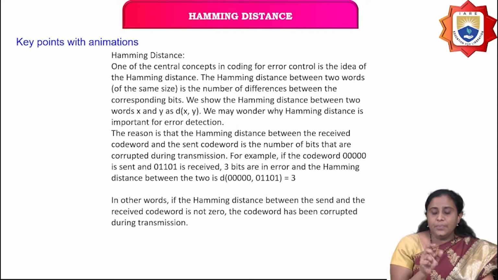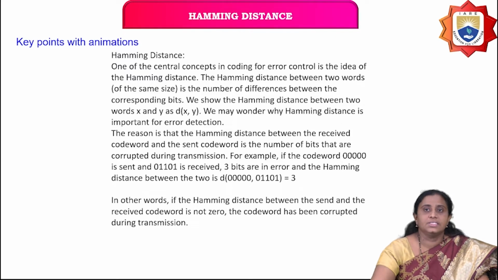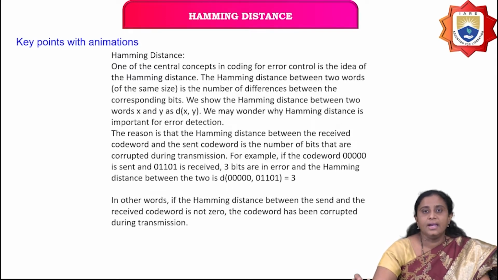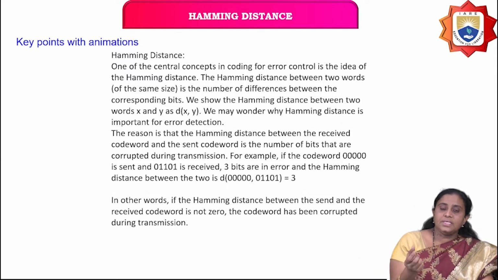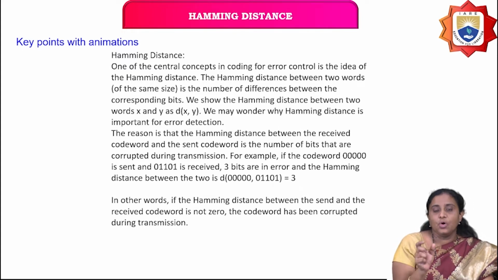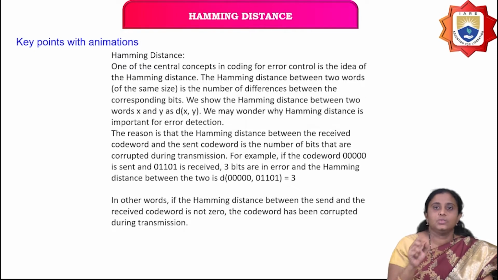We can calculate the distance between the two frames or between the two bits by means of the Hamming distance, either by means of a distance mode or transmission mode, or the distance between the two frames from one source to the destination.